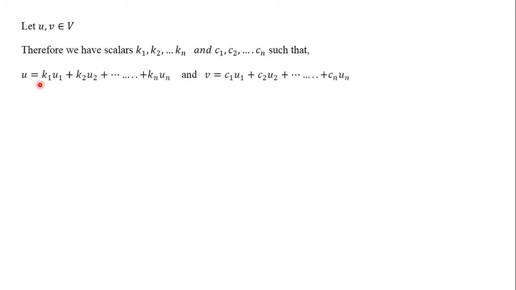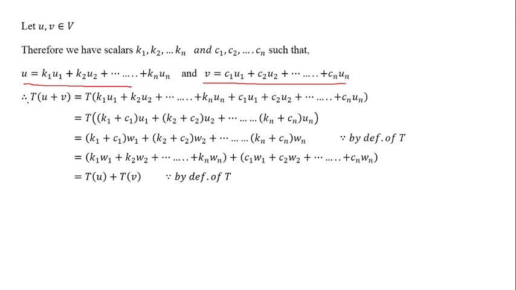So let u and v be arbitrary vectors in V, and therefore we have scalars k1, k2, etc. kn and c1, c2, etc. cn such that u can be written as k1 u1 plus k2 u2 plus etc. kn un, as well as v can be written as a linear combination c1 u1 plus c2 u2 plus etc. cn un.